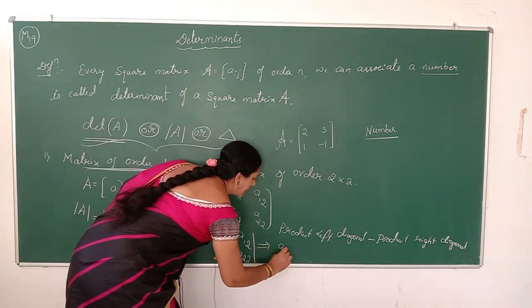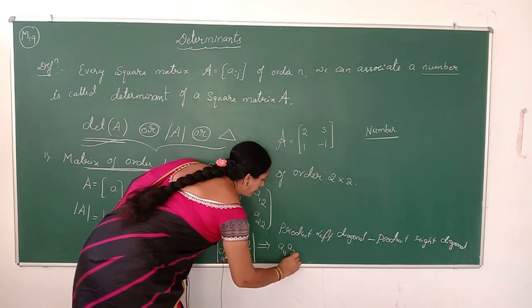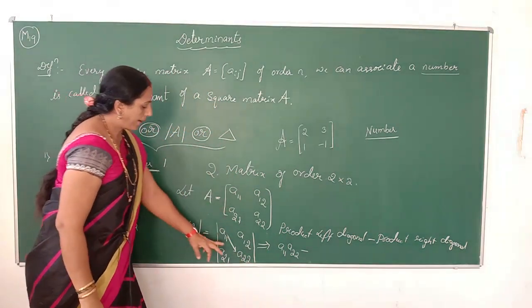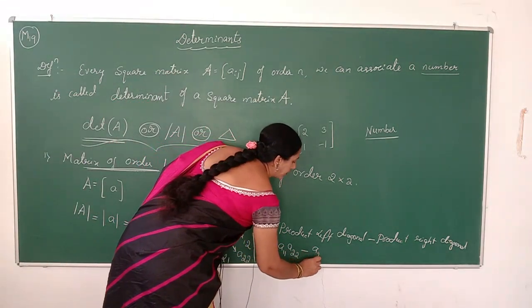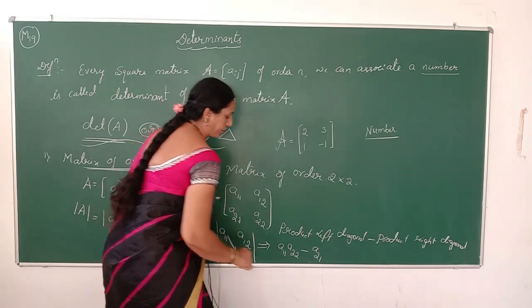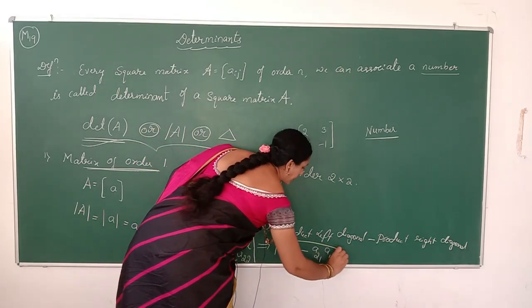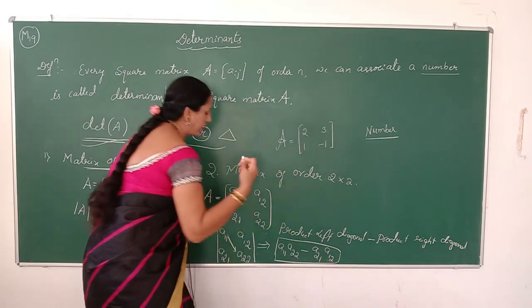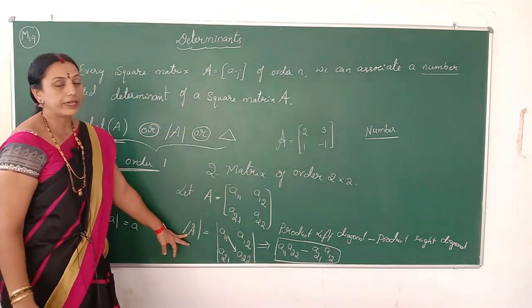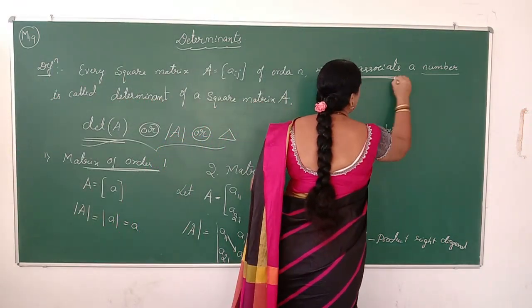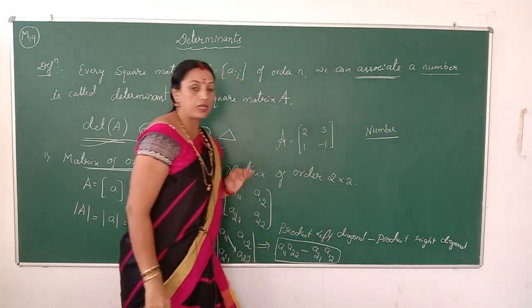This implies A11 into A22 minus A21 into A12. So that is the value or number of the delta or determinant, which can be associated with a single number.